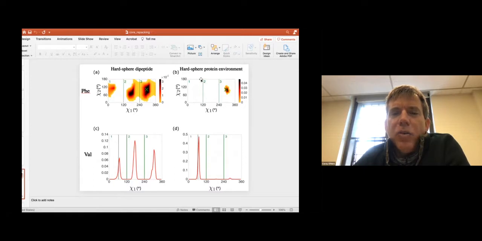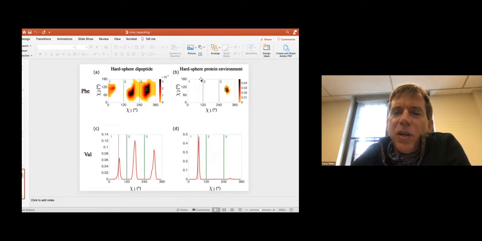But then when you put a particular phenylalanine in the context of a protein, you get a very specific prediction. And so again, the dipeptide model gives the general rotameric features, but it doesn't pick a particular rotamer for phenylalanine.